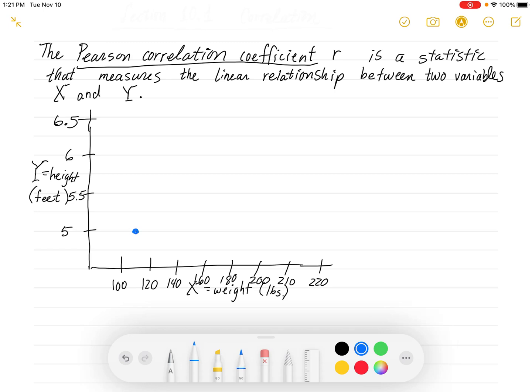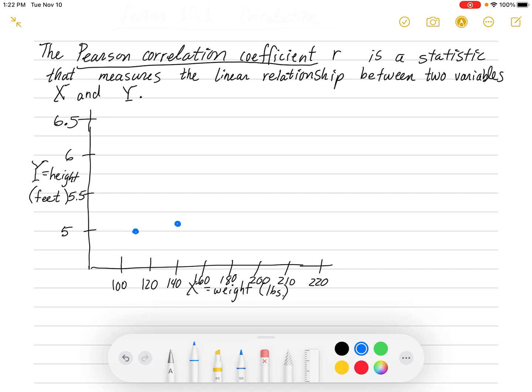And 5 feet tall. Let's say we have another data point here. This person would be like 140 pounds and almost 5 feet and a quarter.